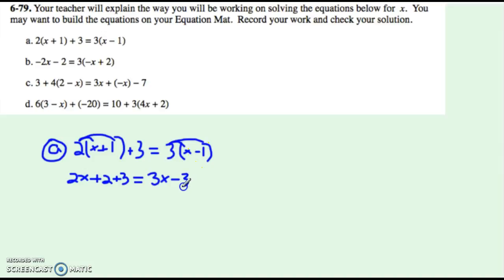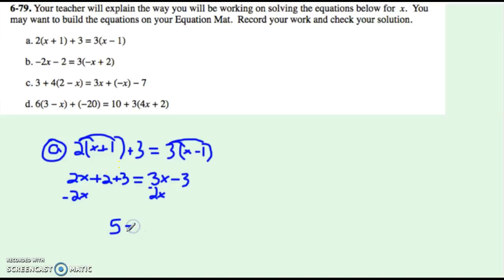Now I need to solve for x and get all the x's on the same side. You normally move x's to whichever side starts with the greater x so that you end up with a positive x. So I'm going to start by moving the 2x to the other side because 3x is larger. So then on the left, I have 2 plus 3 left. 2 plus 3 is 5.